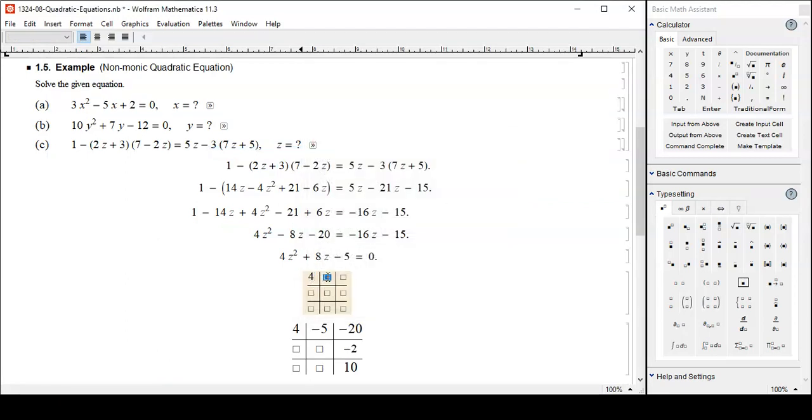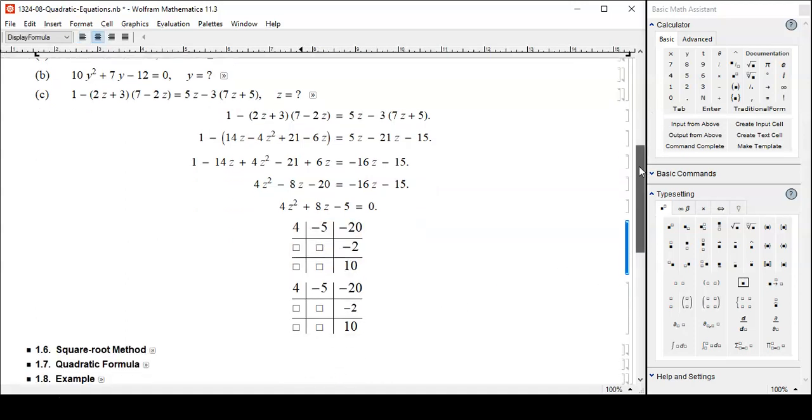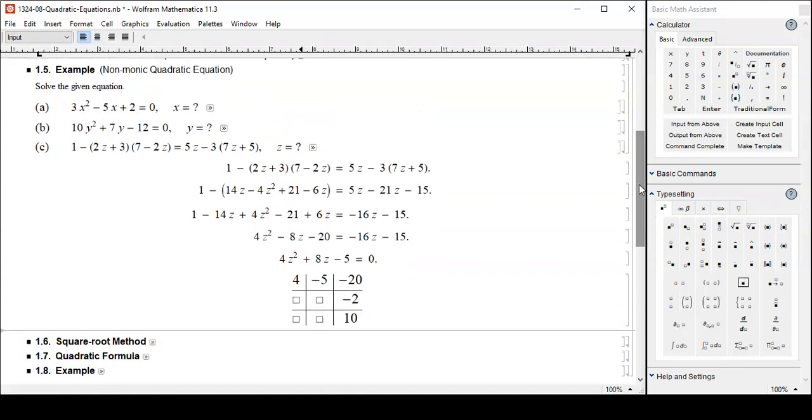Okay, 4, negative 5, negative 20, negative 2, positive 10. Bigger font. We were up to here. I don't need this anymore. Sorry about the typo.